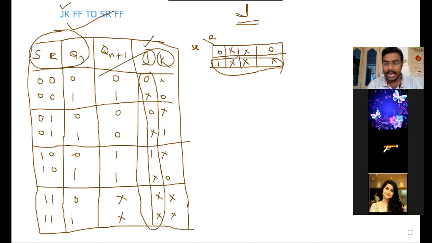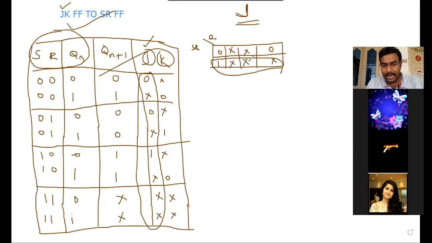According to our wish, we can take either 1 or 0. Since I have a 1 in here, if I take ones in place of these three don't cares, I can directly get my value in here. Is there any other possibility to group the things? There is no other possibility.